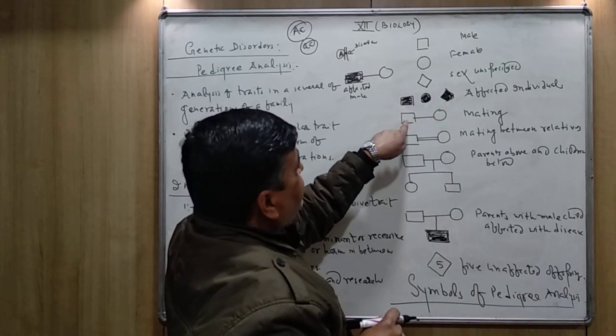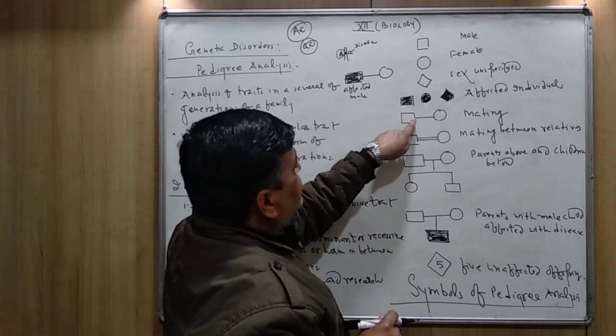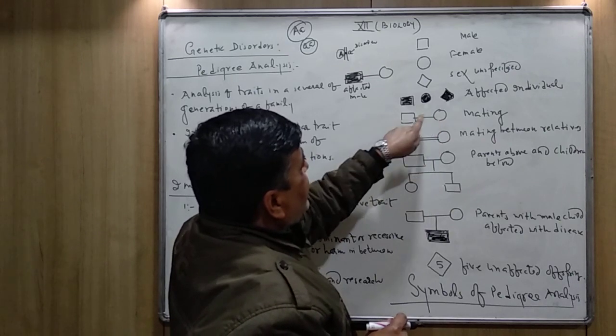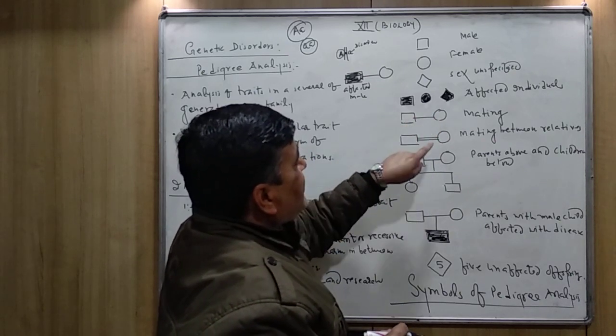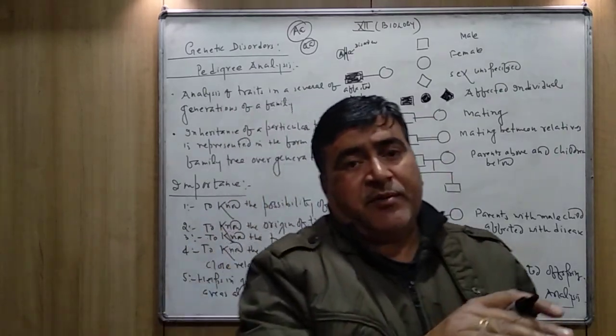What is this? This is the male and this one is the female. As you know, this square is for the male, this is for the female, and the line between the male and female indicates the process of mating.